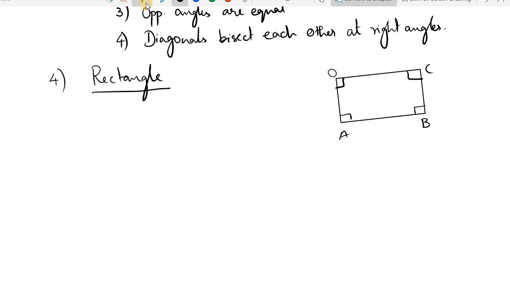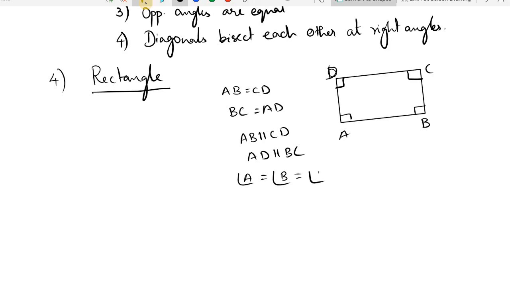So a parallelogram in which all the four angles are equal would become a rectangle. So here too you can easily see that AB is equal to CD and BC equals AD, and AB is parallel to CD, AD is parallel to BC. All four angles, angle A equals angle B equals angle C equals angle D, they're all 90 degrees.